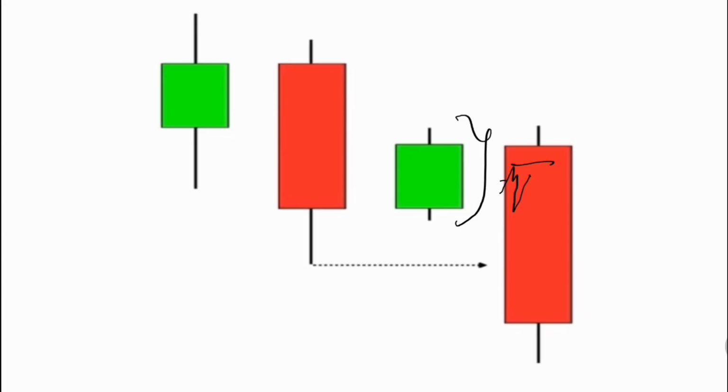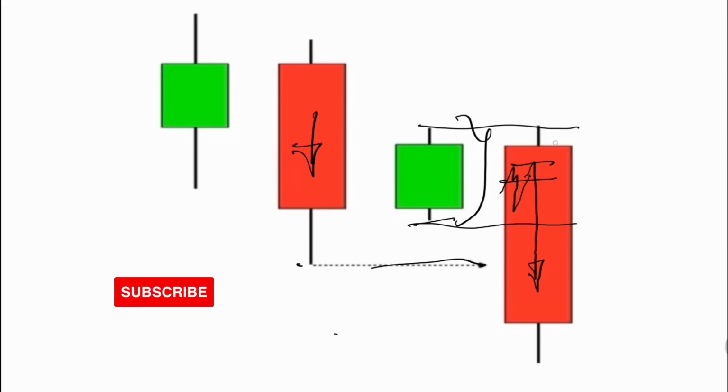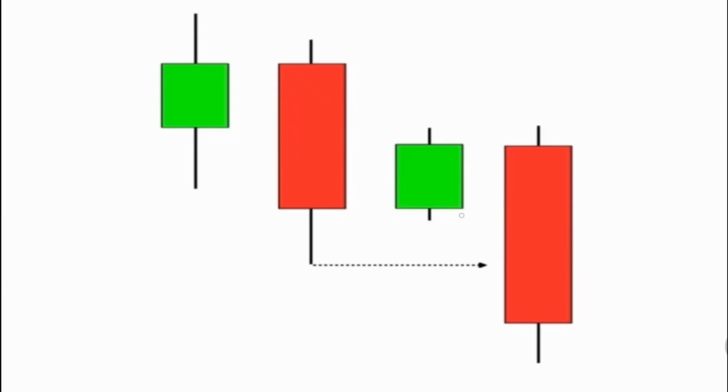There should be a zone on a lower time frame within the range of the immediate previous day's candle, even though my bias is determined by this candle. Now I'm targeting this low as my take profit. My stop loss will just be above the zone on a lower time frame from where I took my trade.